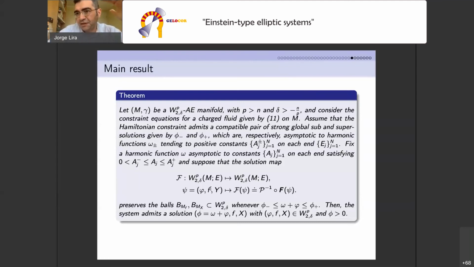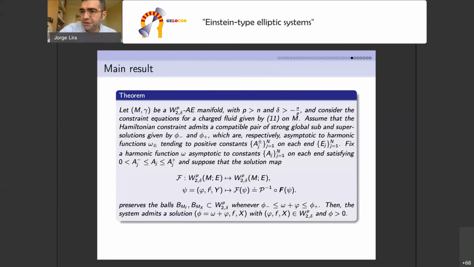At the same time, the sub and super solutions are not so far from each other, in the sense that they are not outside the ball where we are considering these weighted Sobolev spaces, but they are separated enough to keep all of the iterations of this conformal factor inside them. So it's a very delicate point in the construction to find these robust, these strong sub and super solutions.